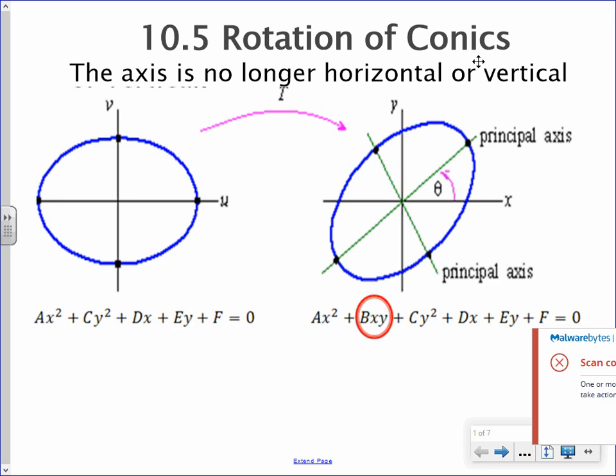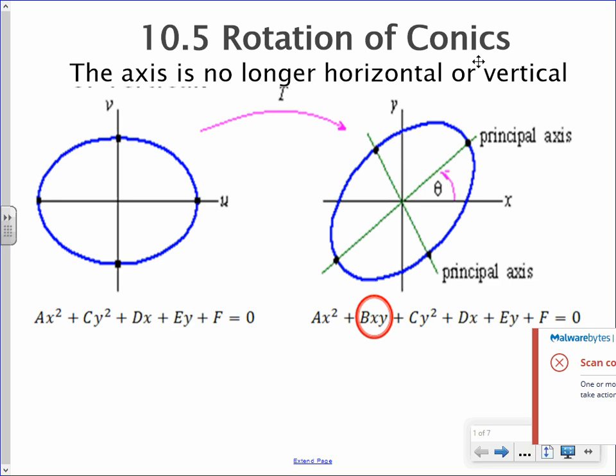I think way back at the beginning of this chapter, somebody asked me, hey, can we graph them diagonally? Yes, we can. So how do we know they're going to be graphed diagonally as opposed to straight up and down? These are the general equations we've been working with. Now if we have a rotated conic, you're going to see this xy term.